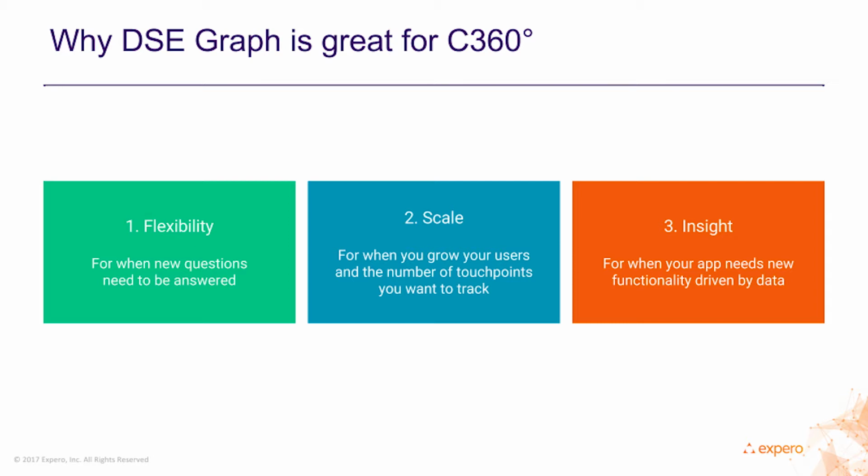Then scale: when your users grow and touch points grow, how can you manage that reliably in a system? And lastly, insight: when your app needs that new functionality, that next level thing for your support team or whatever it may be, having the ability to build that quickly. Those are three areas that we really shine on.